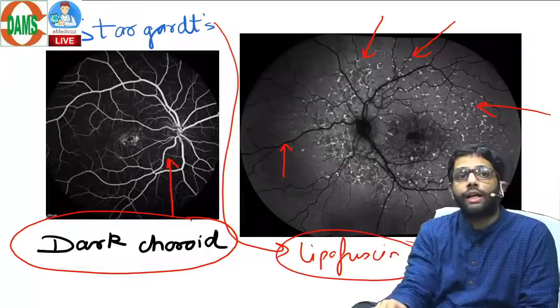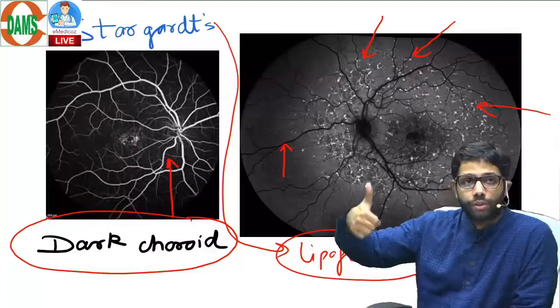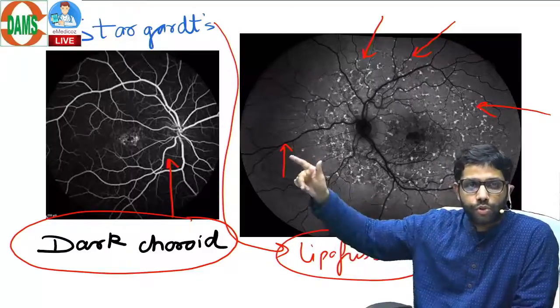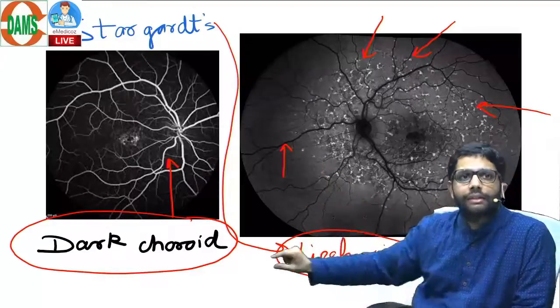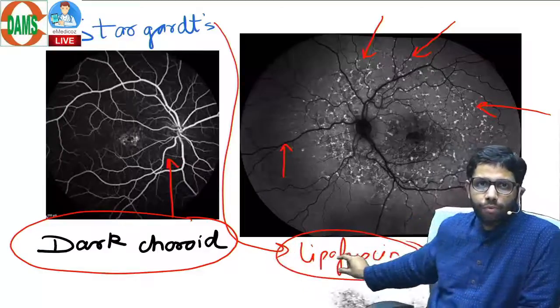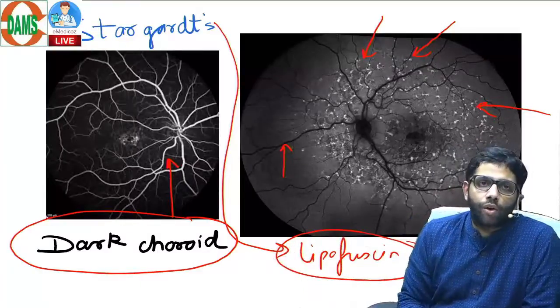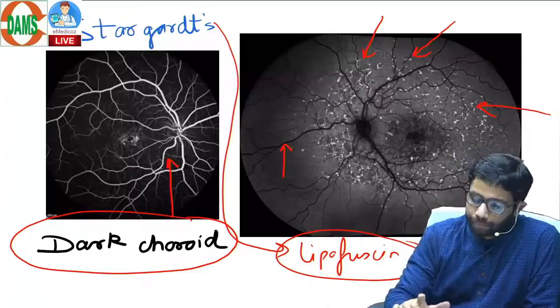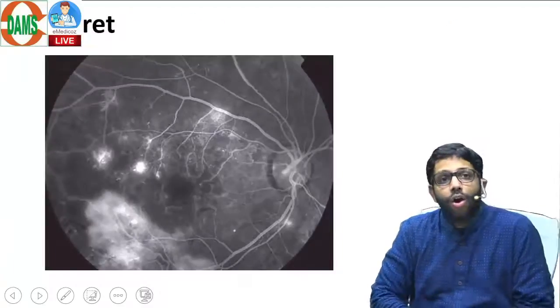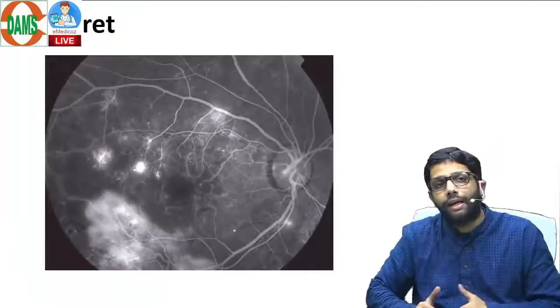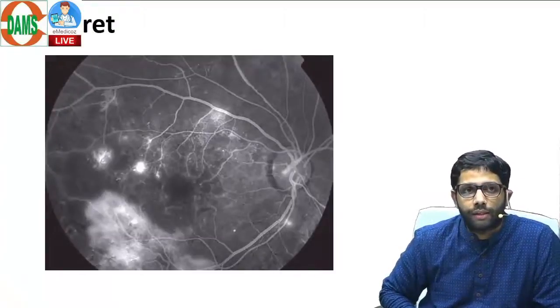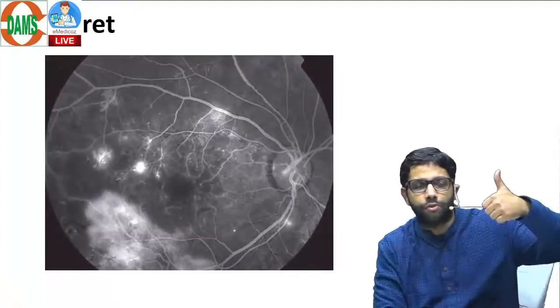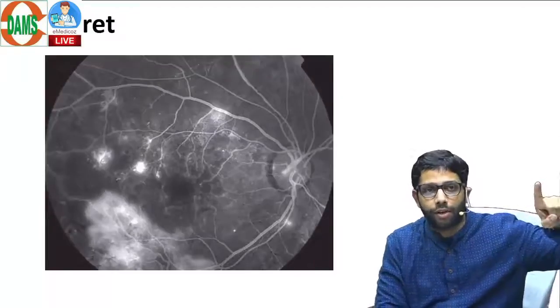So for extra points you can write on autofluorescence: drusen, two examples, optic disc drusen and ARMD, and Stargardt disease, lipofuscin deposition, that is also hyperfluorescence. Okay, so that is how you can end your theory exam topic.